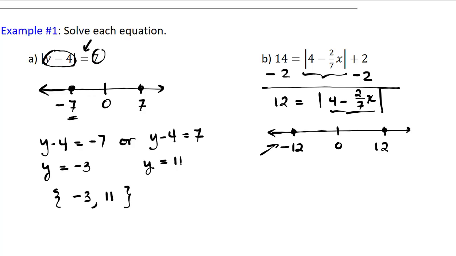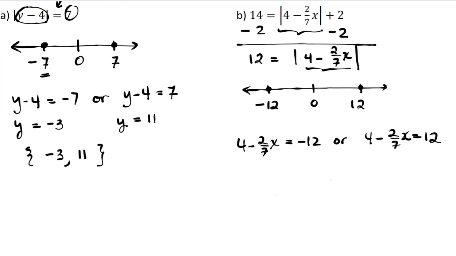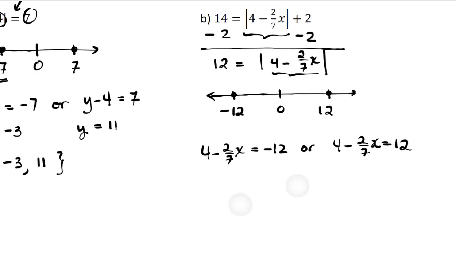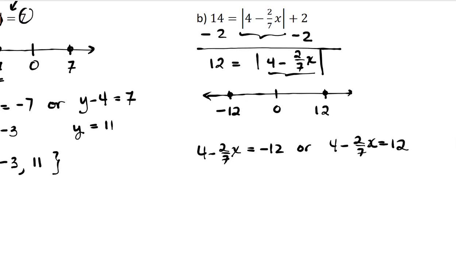So the absolute value expression, which is 4 minus 2/7 of x, is either -12 or is equal to +12. And now we have two linear equations, which means that we can solve for x.